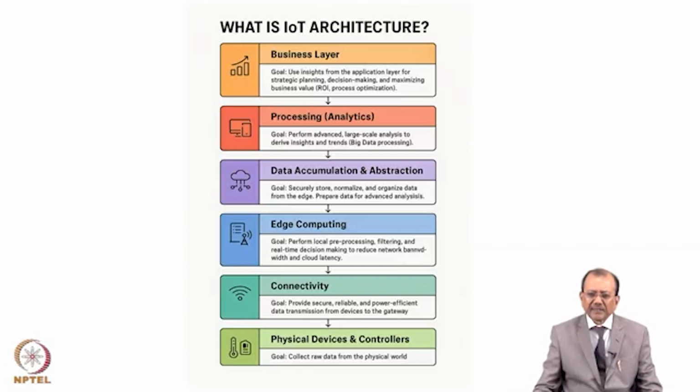Then, to connect the physical device, we need reliable connectivity. That connectivity comes over here. It may be on Wi-Fi, on a local area network, or on terrestrial networks like GSM or some other networks. Then edge computing is part of this architecture. I am introducing edge computing here for the first time.